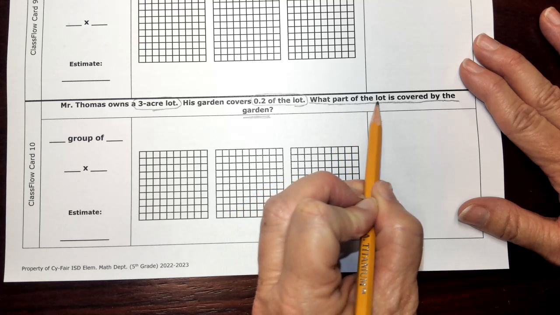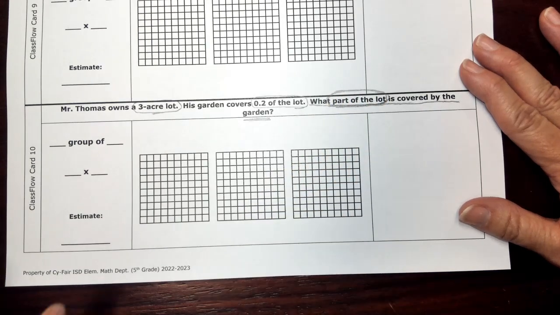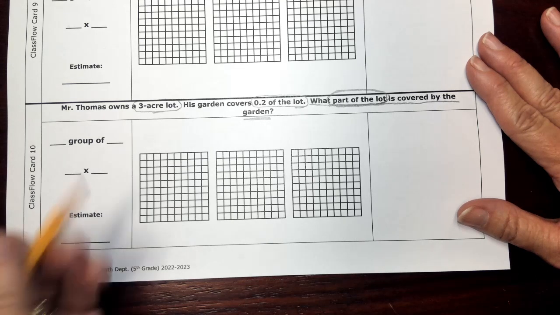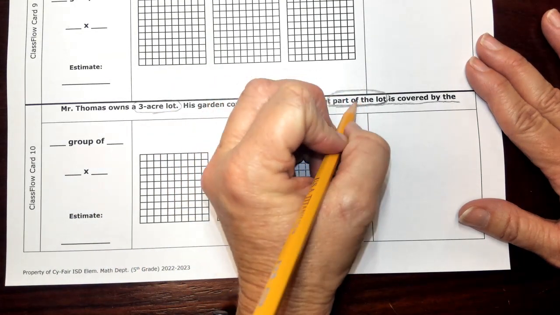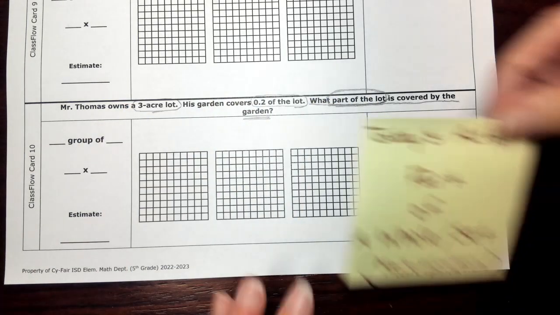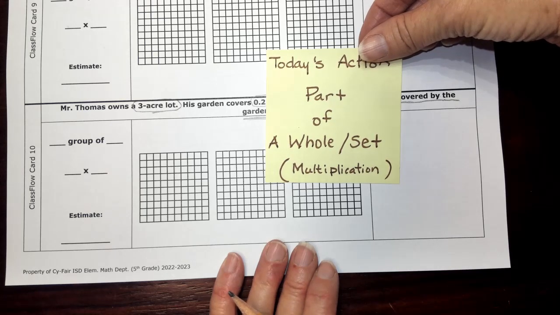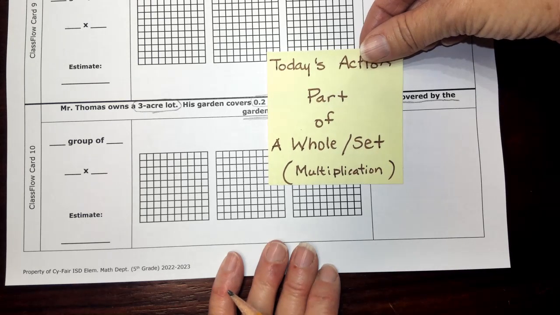So when I think about part of the lot, because that's important for me to key into, I think about part of the whole lot, or today's action, which is part of a whole or part of a whole set, which means multiply.